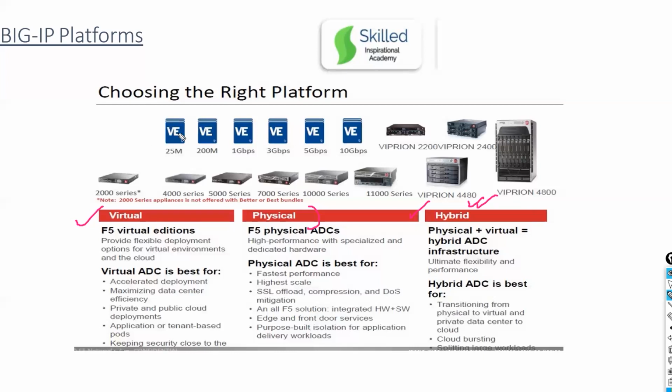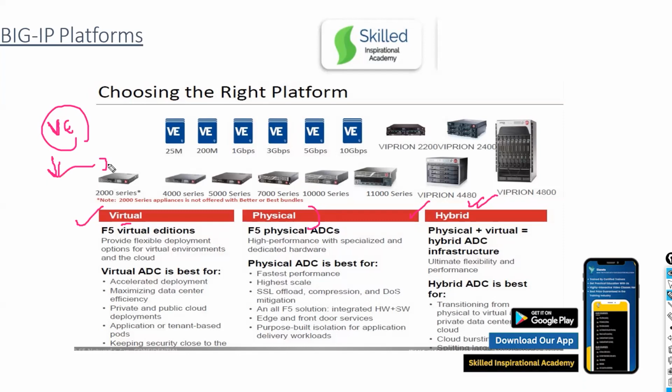Virtual edition means I don't have hardware, but a virtual appliance. I will just import an image on a guest host box. In our lab also, we will be doing the lab on this virtual appliance. So I will have VMware Workstation where I will be deploying one iOS version of F5.